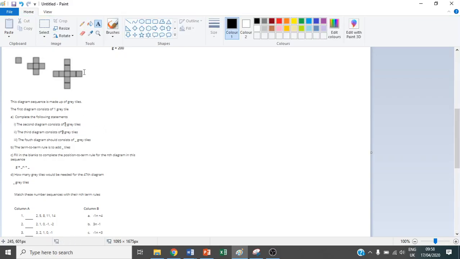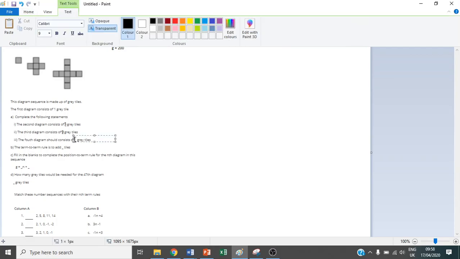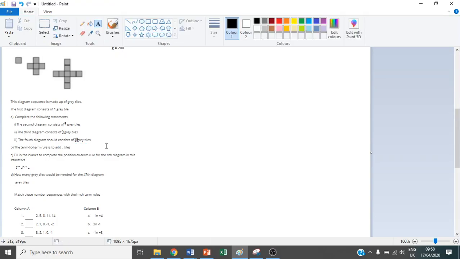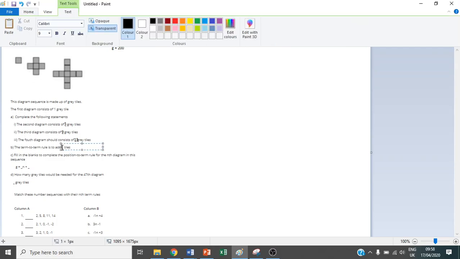I'm just going to add 1 more square on each of those sides. So that's going to be adding another 4 squares. 9 plus 4, that's going to be 13. Now, I just used the term-to-term rule to work that out. I knew that every pattern was growing by putting an extra square on each of those 4 sides. So every pattern, I added 4 tiles.